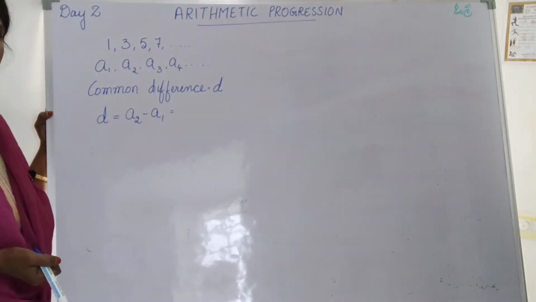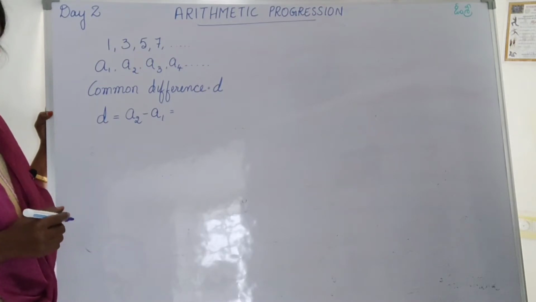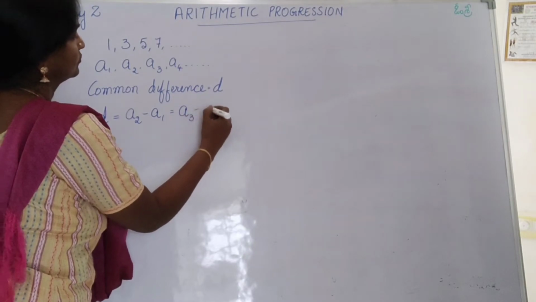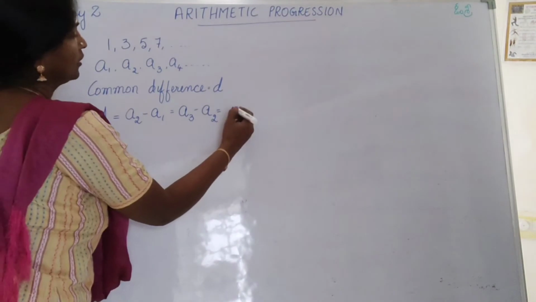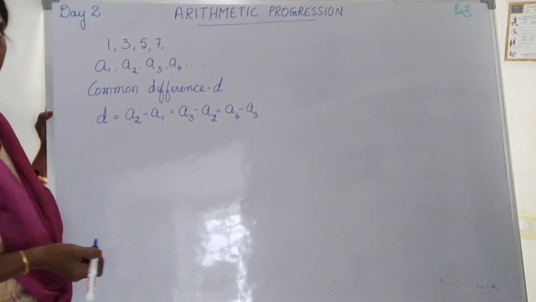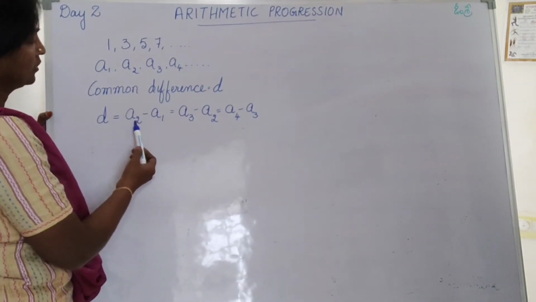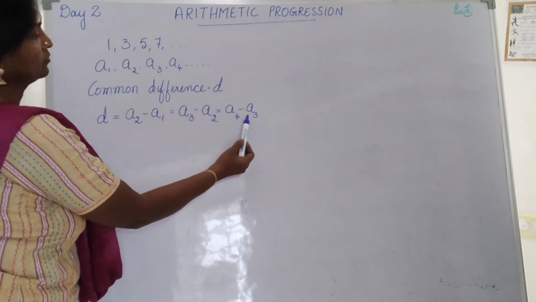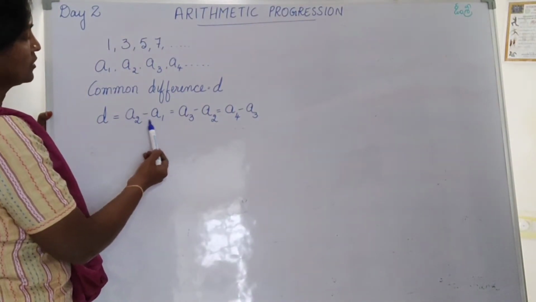Or we can also find the common difference by subtracting the second term from the third term, and likewise the formula continues with A4 minus A3. When you observe the subscripts in all the formulas in a sequence, the first subscript is one more than the second one.